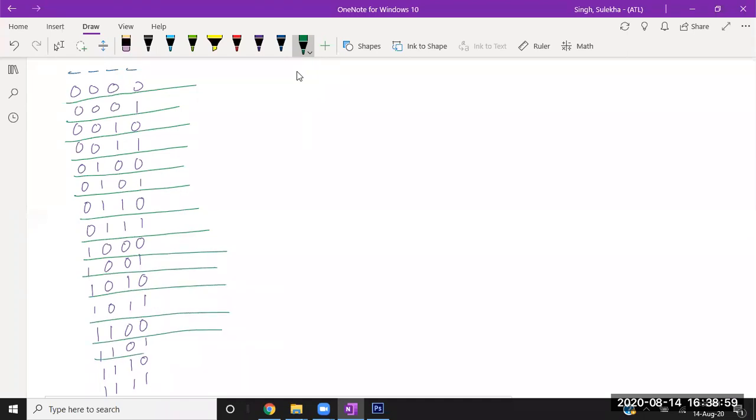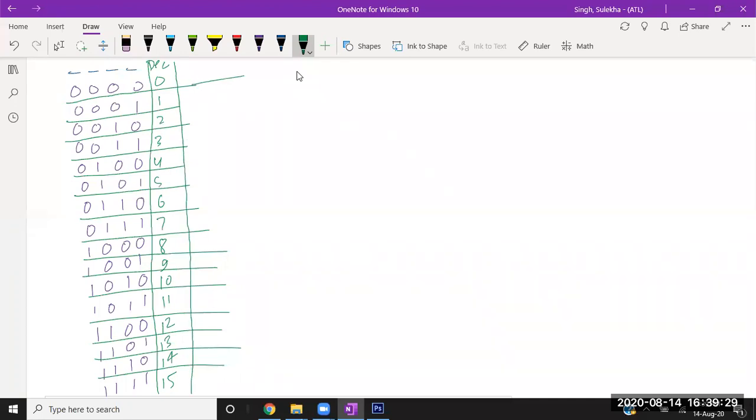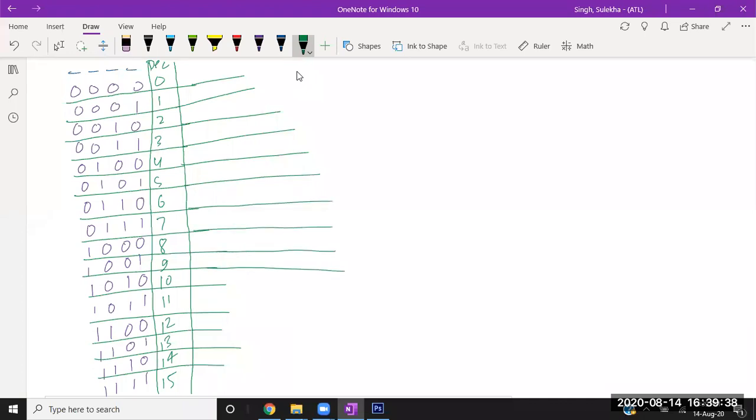So in the decimal number system, the first is 0, 1, 2, 3, 4, 5, 6, 7, 8, 9, 10, 11, 12, 13, 14, and this last one is 15. So this is my unsigned number system.